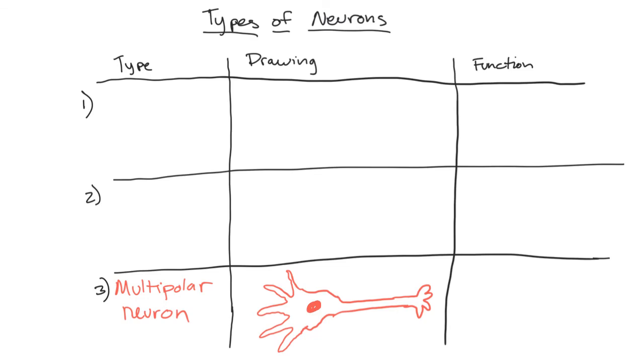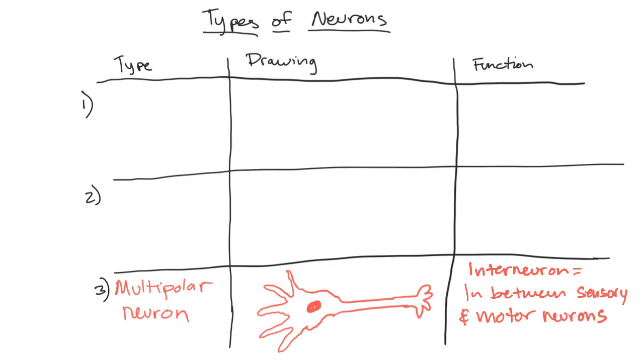Their function is as an interneuron, so they are in between sensory and motor neurons, and the site of the sensation or the site of the motor function, or between the brain. So they are where the signal is being propagated.